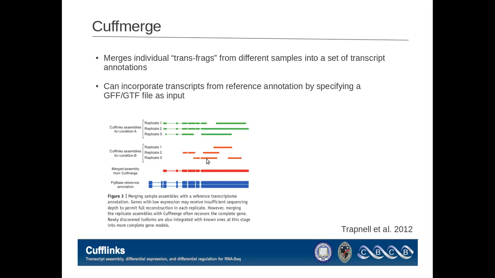So that's the problem. So what Cuffmerge does is it takes all of the data together, infers the model here, and then it estimates the abundance of this gene model or this transcript for further analysis. Actually Cuffdiff, I believe, does the FPKM calculations, but Cuffmerge builds the gene models.